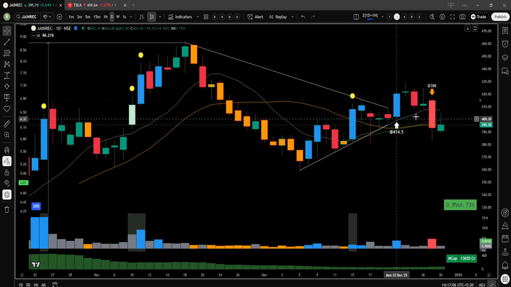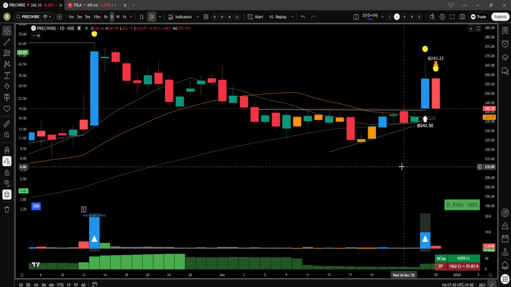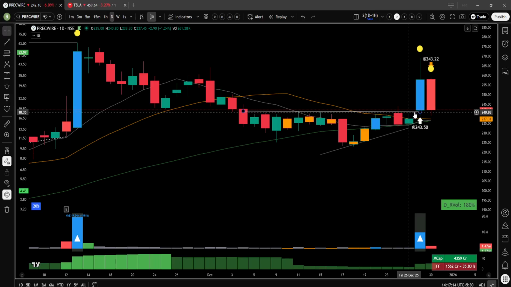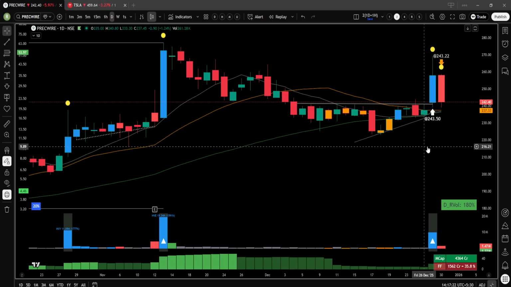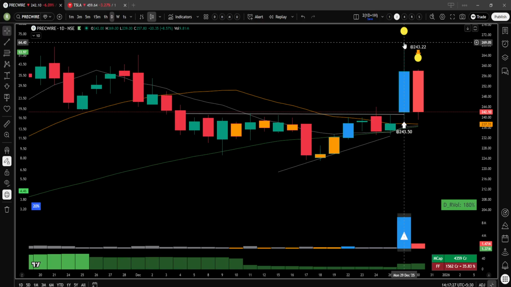And another, Precision Wire. I bought this yesterday on the same pattern. These 2 3 weeks of sideways consolidation making higher lows, and yesterday it had massive volume, so I bought at 243.50. The stock moved big upside.